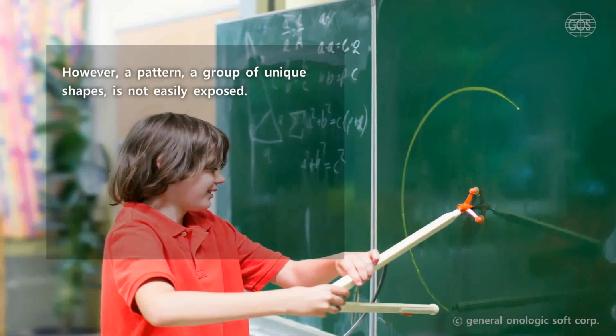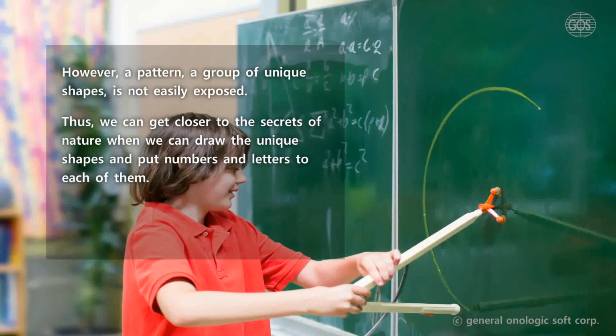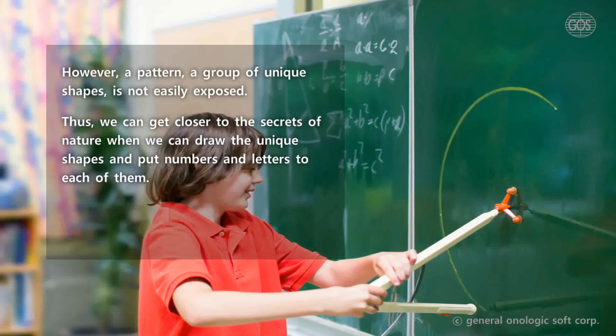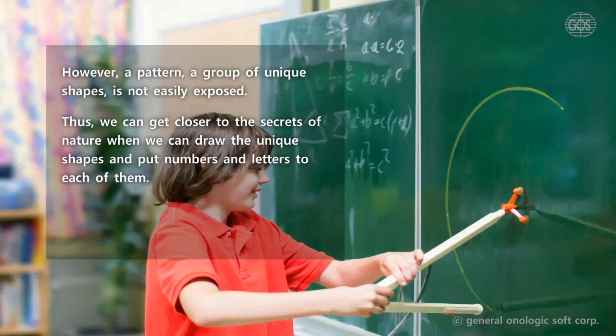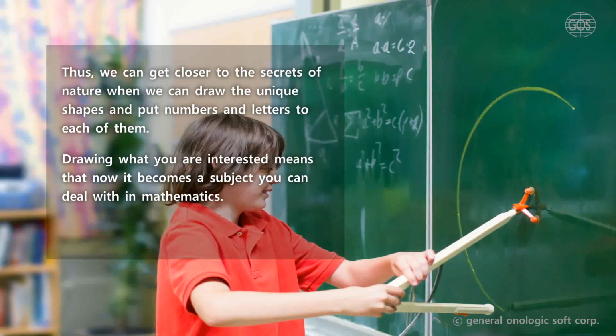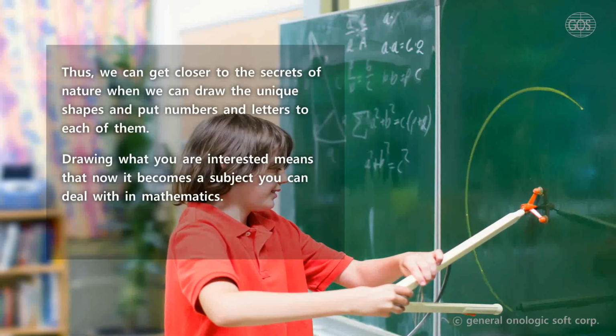However, a pattern, a group of unique shapes, is not easily exposed. Thus, we can get closer to the secrets of nature when we can draw the unique shapes and put numbers and letters to each of them. Drawing what you are interested in means that now it becomes a subject you can deal with in mathematics.